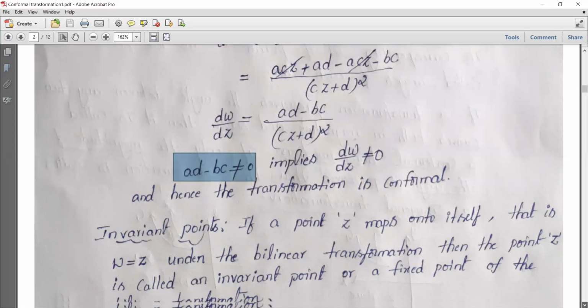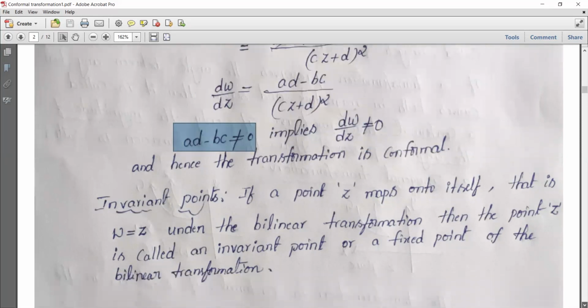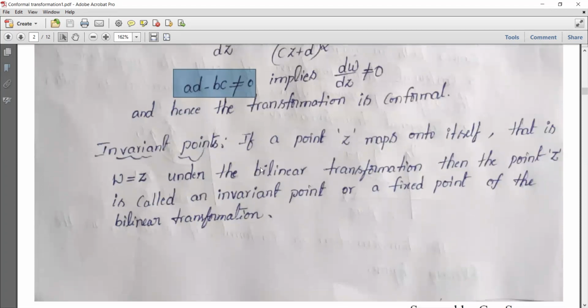Next, another definition is invariant points. When do we say one point is invariant? If a point Z maps onto itself, when Z is mapped to Z, then we say the point Z is called an invariant point.